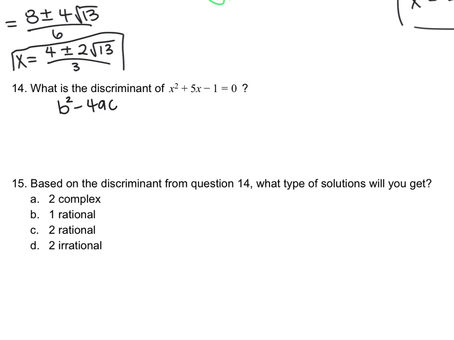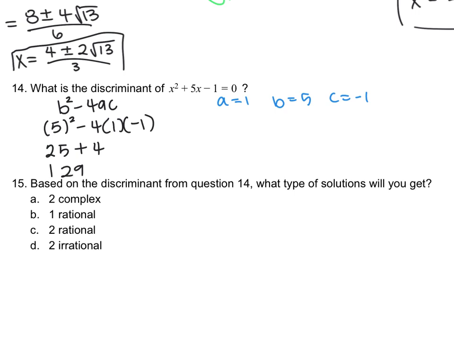If I identify a, b, and c, a is 1, b is 5, c is negative 1. When we plug it in, we have 5 squared minus 4 times 1 times negative 1. 5 squared is 25, and then it becomes plus 4, which is 29.